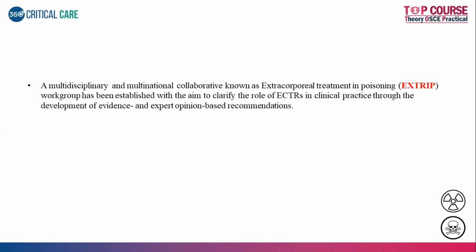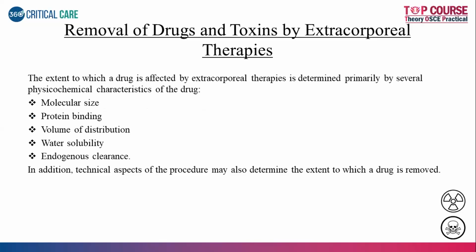Now, what are the properties of the toxins or the drugs for extracorporeal therapies? Five important properties you should remember: the molecular size of the drug or toxin, the protein binding of the drug, volume of distribution, water solubility, and endogenous clearance.